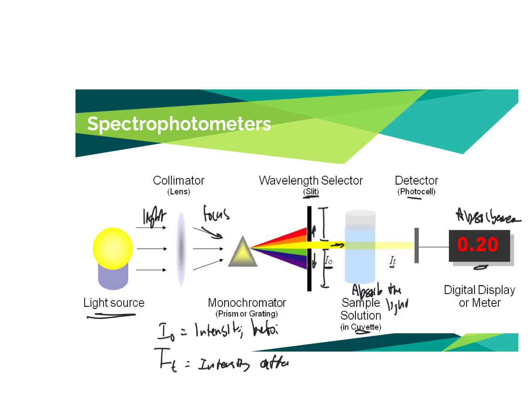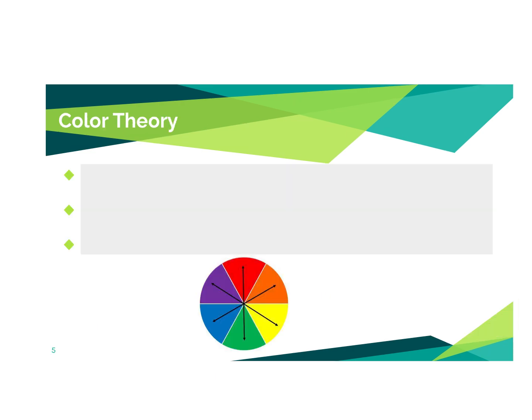So now we're going to spend a little bit of time remembering our art classes and thinking about color theory. And so solutions can be all different colors. So when taking an absorbance spectrum, different wavelengths of light must be used.